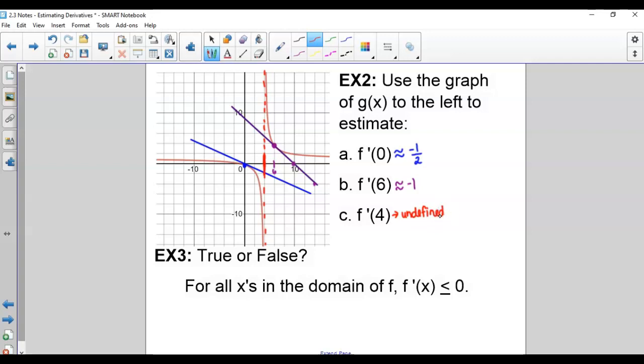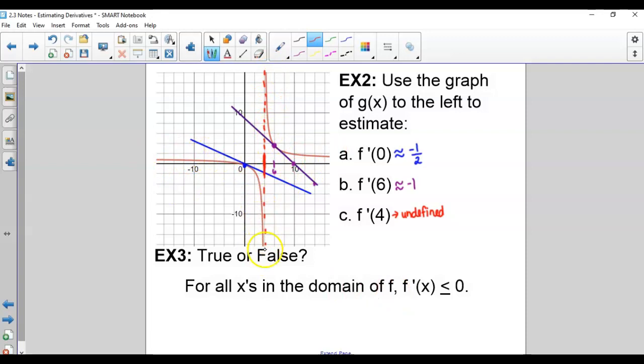Okay. Example 3 asks us true or false: for all x's in the domain of f prime of x, f prime of x is less than or equal to 0. If we think about what this means, for all x's in the domain means everywhere this function is defined.